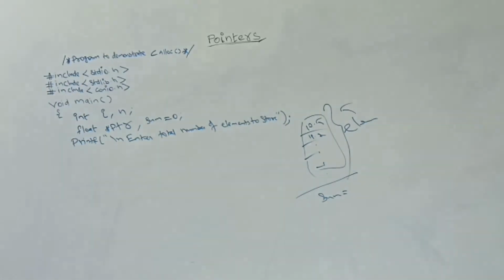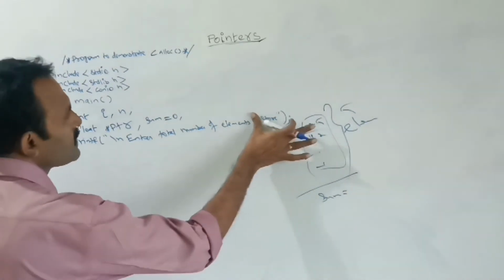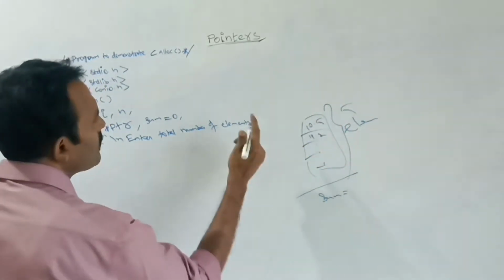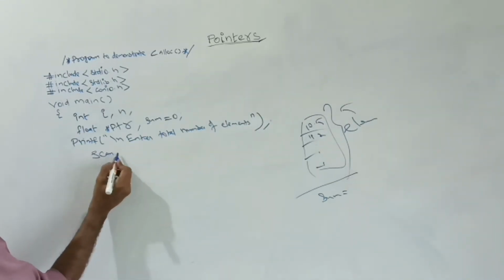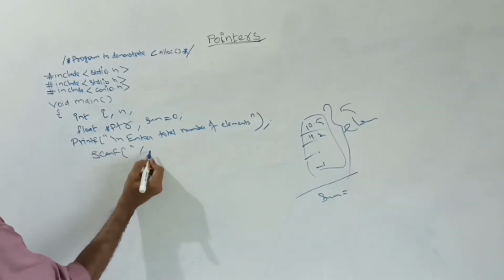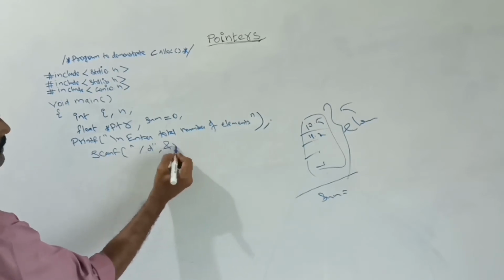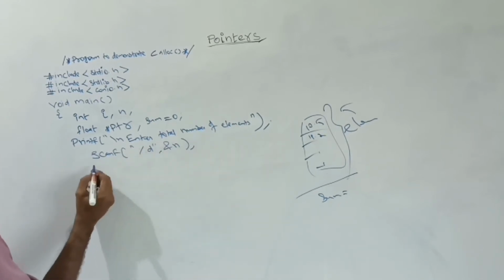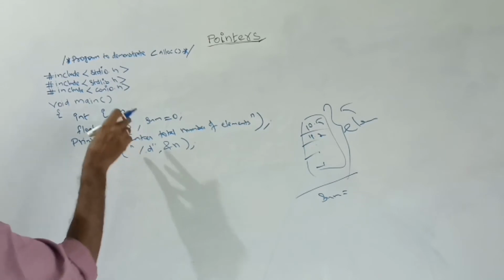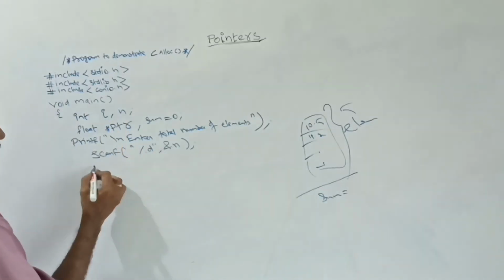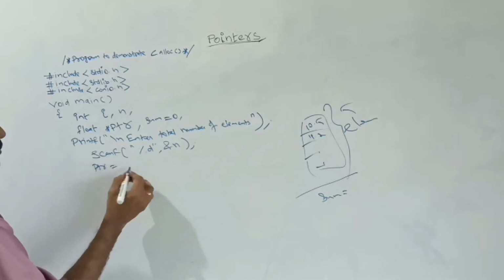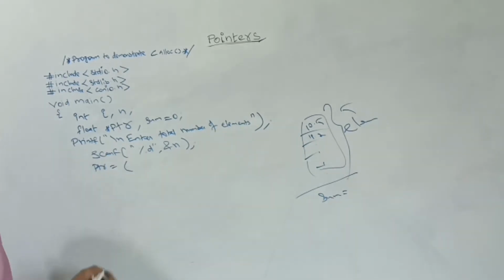Here, enter the total number of elements to store. How many elements you need, you can give here with scanf, percentage %d, n value, ampersand of n. Next, we should allocate the memory space for this pointer, so ptr is equal to, very first, the cast type.